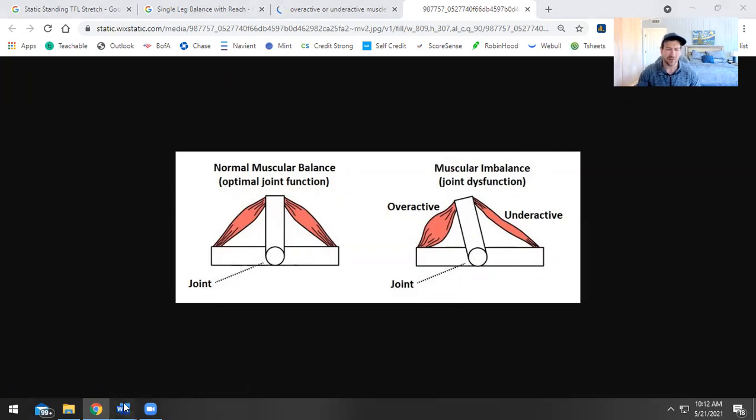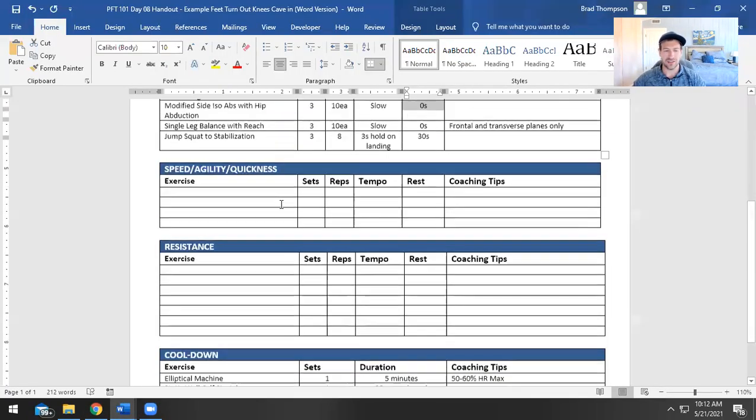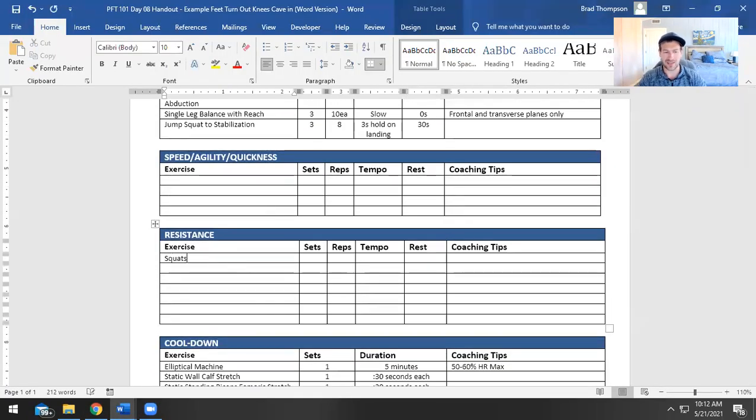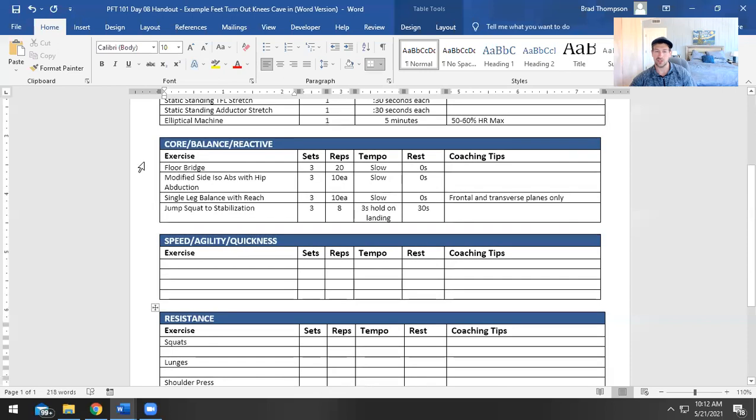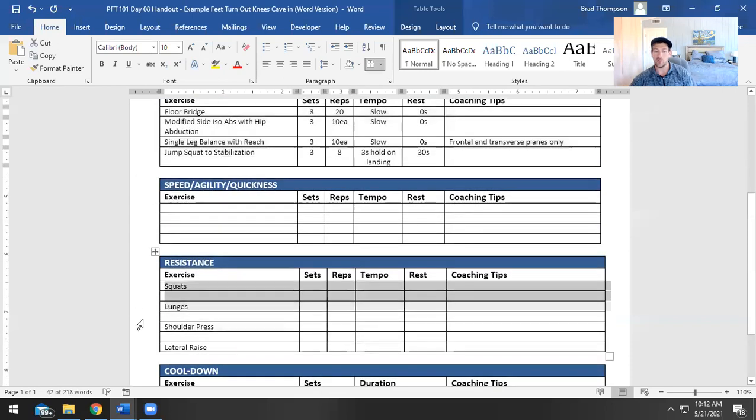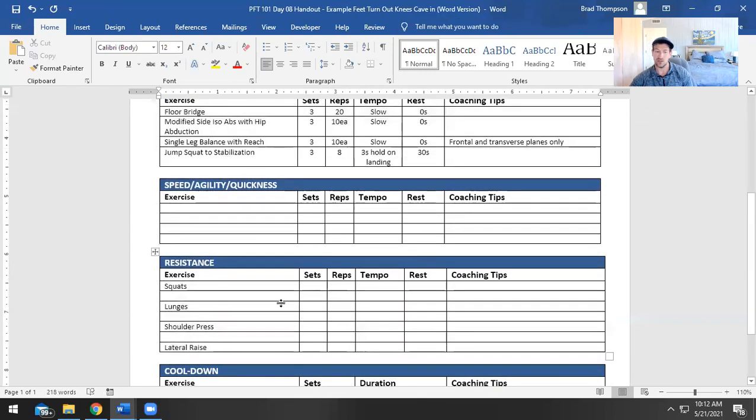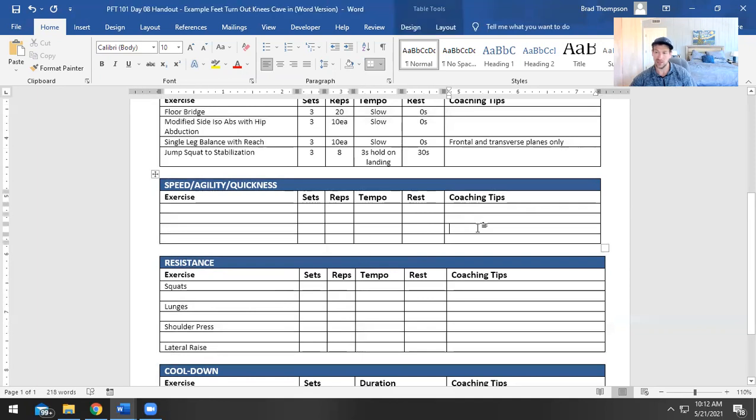I look at the rest of this workout template here and I'd say, let's do some squats, some lunges, a shoulder press, a lateral raise, and there we go. We've got a great shoulder and leg day, and we turned everything that we needed to turn on so that while we're doing these exercises, the right muscles are being recruited instead of the wrong ones, right?